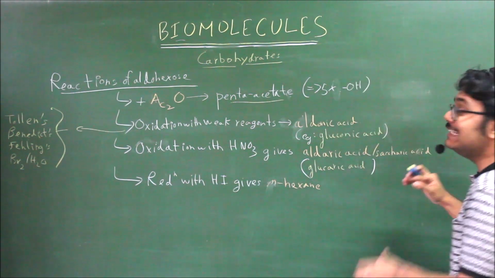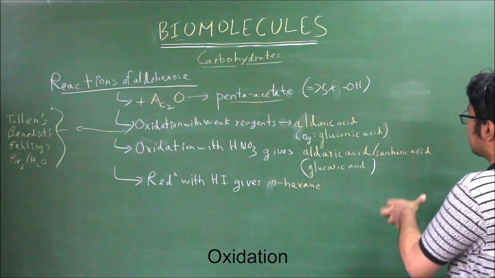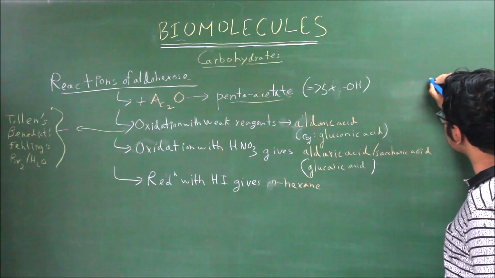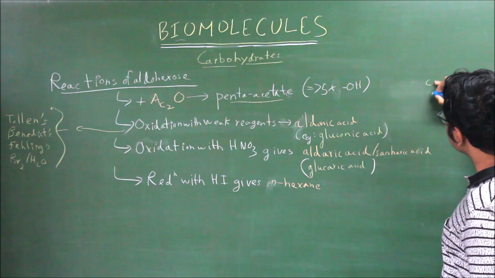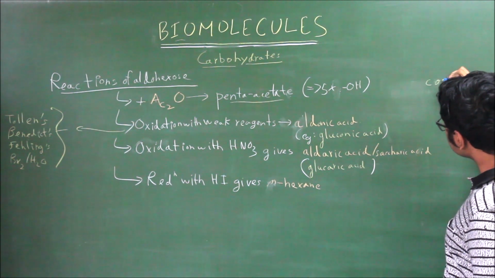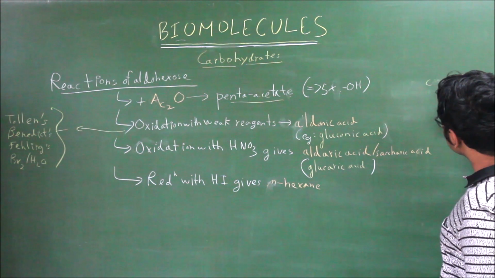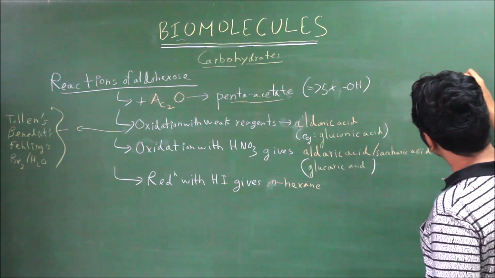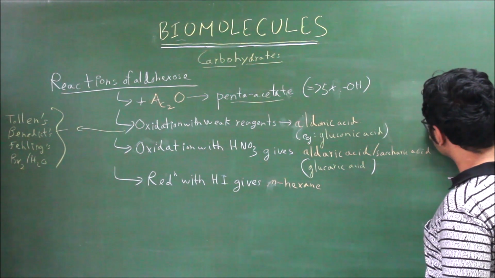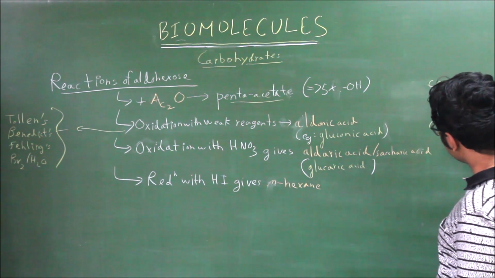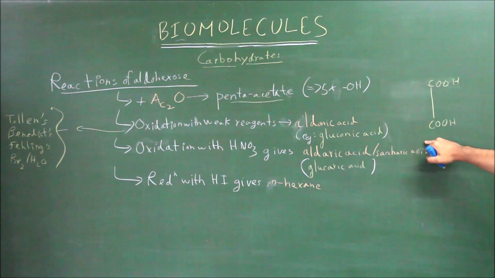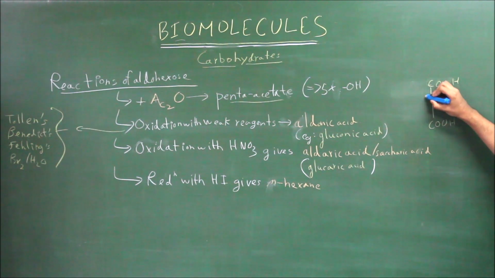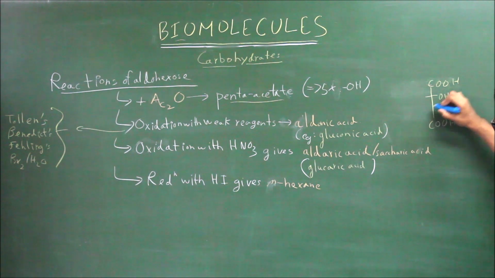This gives an aldaric acid, which earlier used to be called a saccharic acid. Unlike an aldonic acid, where only the CHO is oxidized, here what happens is pretty cool actually. Even the primary alcohol at the opposite end of the chain gets oxidized to a carboxylic acid, and only the interior ones remain intact.